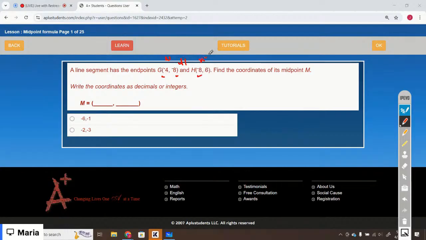This is x2, y2. x1 plus x2 over 2, y1 plus y2 over 2. So -6 and -1. The midpoint of the line segment is -6 and -1.